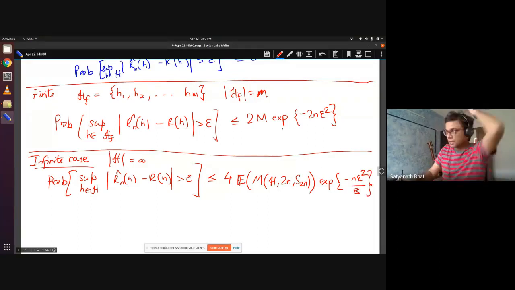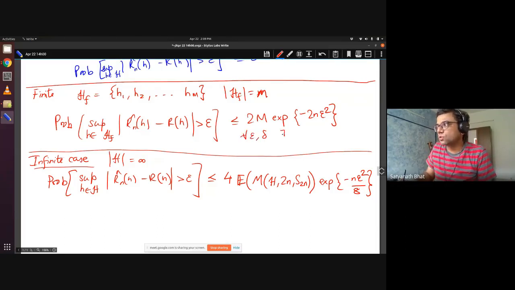In the finite case, once you have a number like this, I can produce, for any epsilon and delta, a capital N such that uniform convergence is satisfied. That we can do.